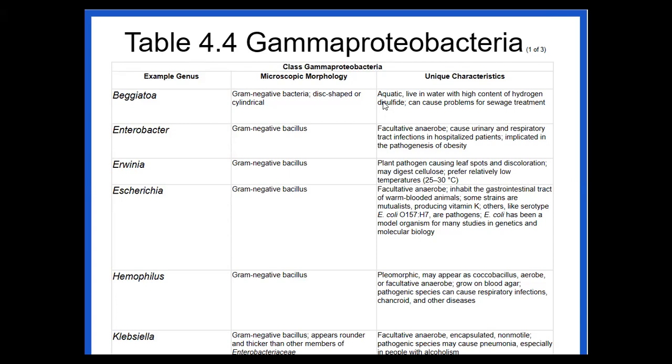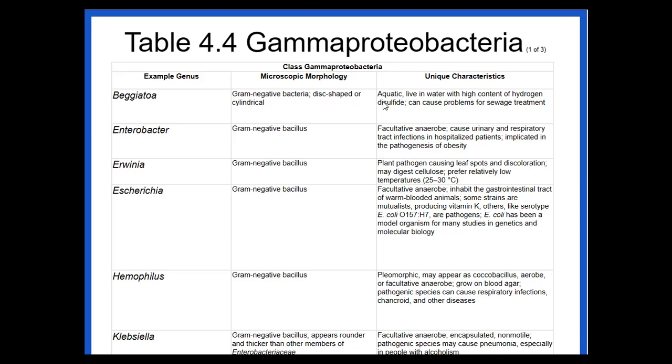You have also Erwinia. It's a plant pathogen, so we don't have to concentrate on that. Ito, Escherichia. This is an important bacteria. We have this in our gut, pero may mga strains nga that can cause disease. It's a facultative anaerobe.